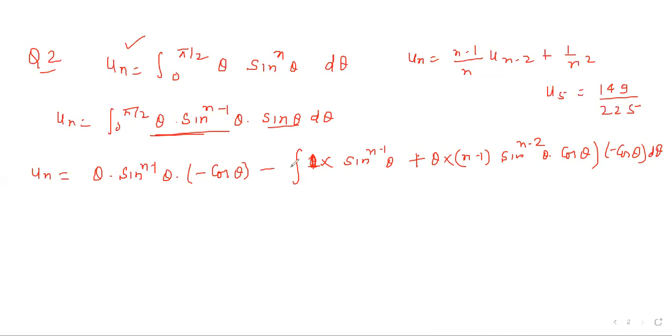And limits are 0 to pi by 2. If we put these limits here, we will get 0. So the first term will become 0.